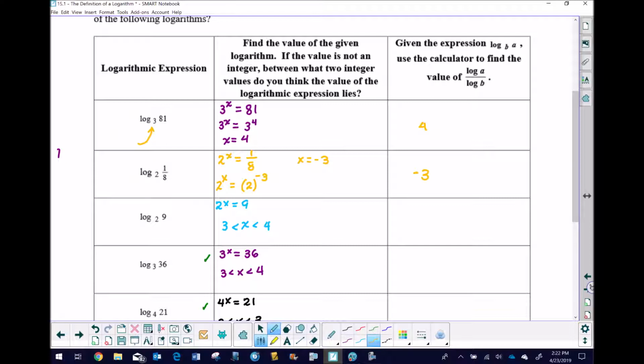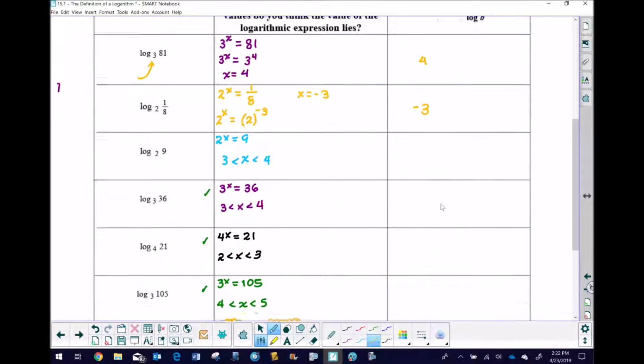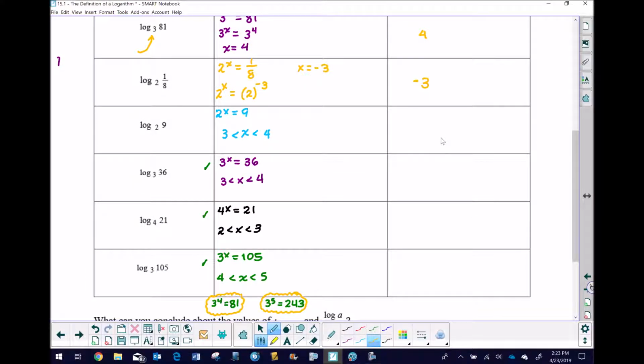Now, I will spare everyone the arduous task of pausing the video and computing these other four boxes, but I will guarantee that you're going to get an answer between 3 and 4, 2 and 3, 4 and 5. In fact, let's jump right down to this last one, the log base 3 of 105.